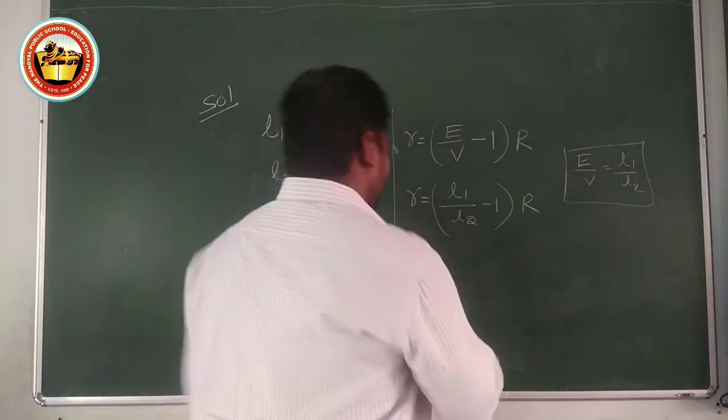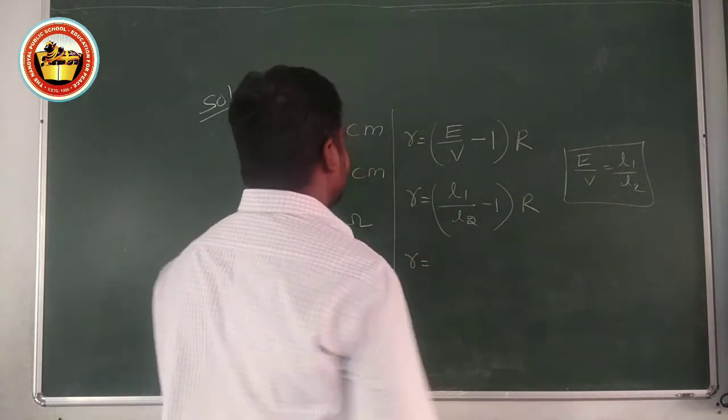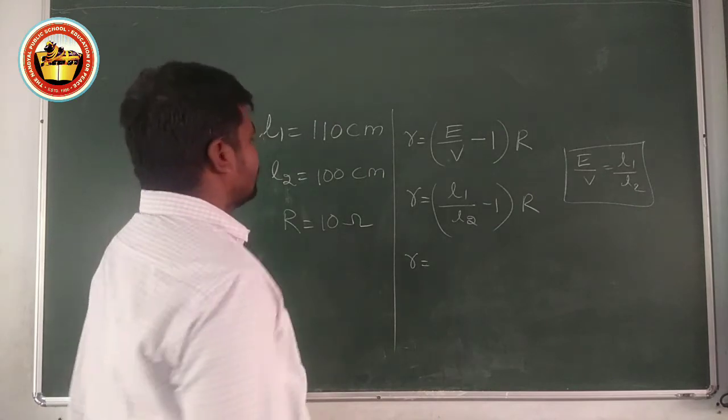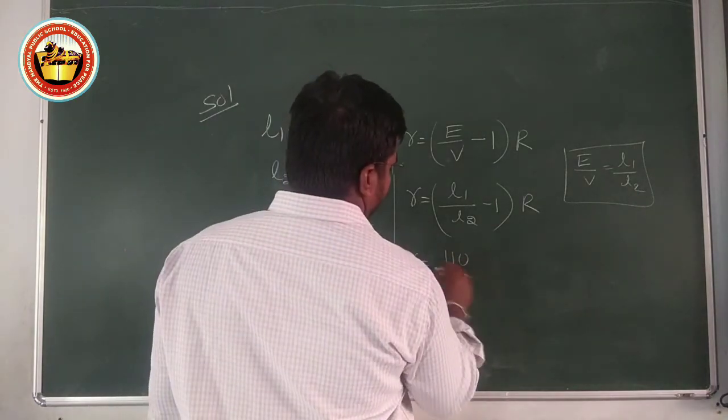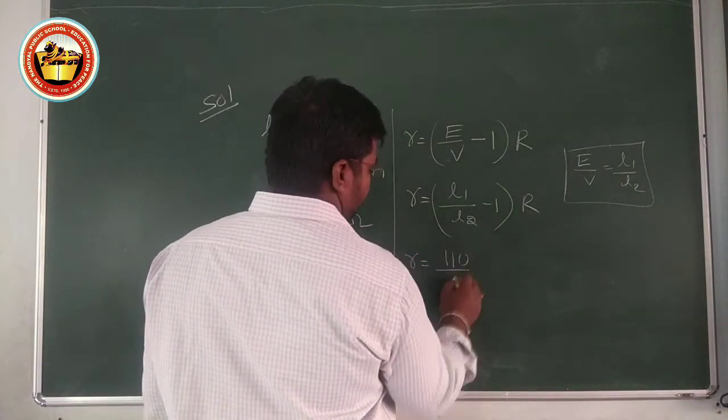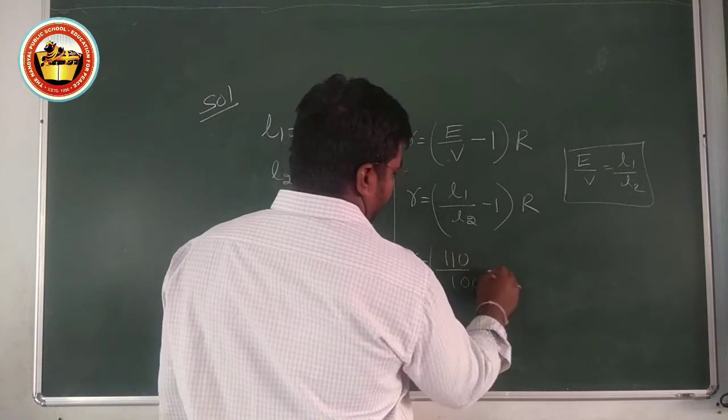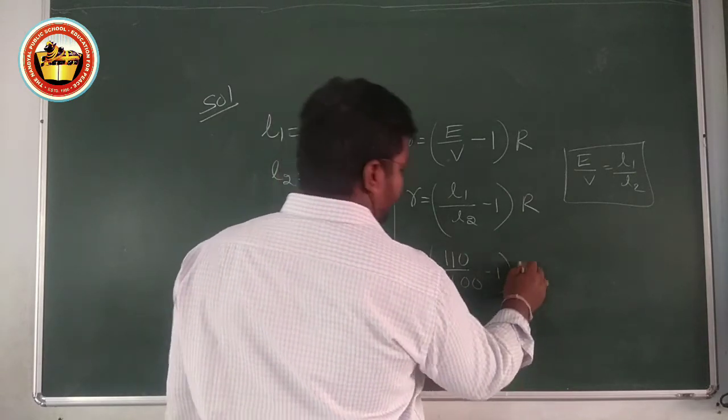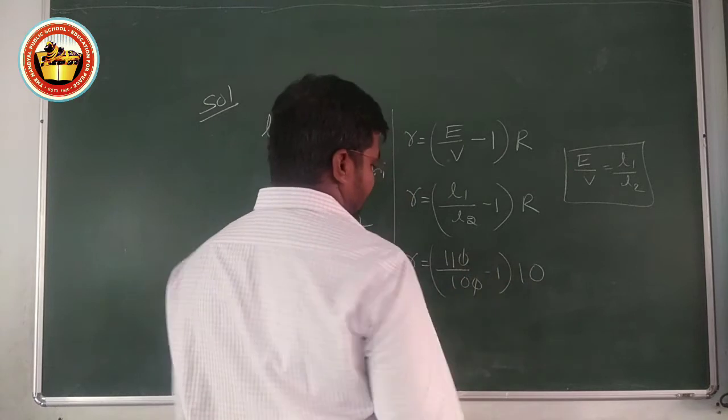So small r is equal to L1, 110, divided by L2, 100, minus 1, into R, 10. The 0 gets cancelled.